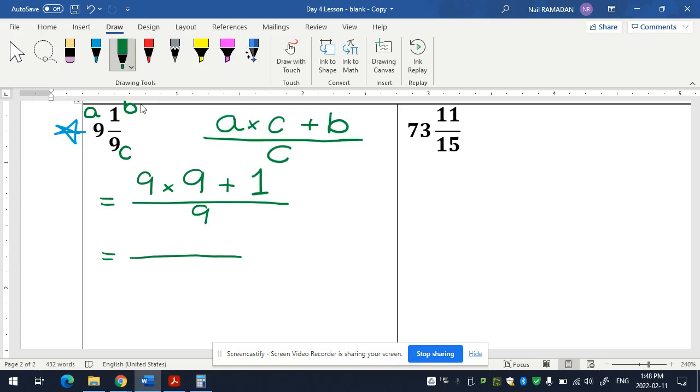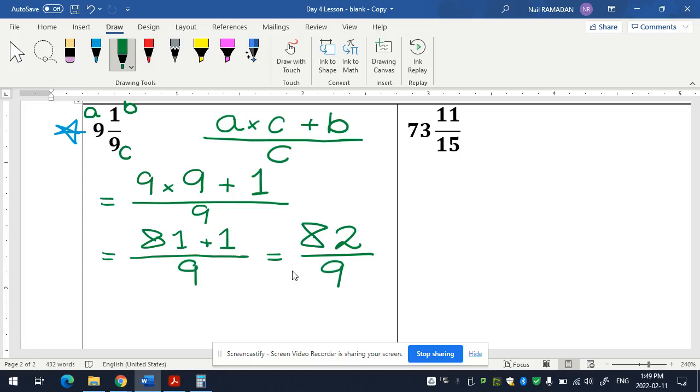What's 9 times 9? 81 plus 1, all divided by 9. And now I can finish my calculation by saying 82 over 9. Done. That's it. Let's check using decimals.